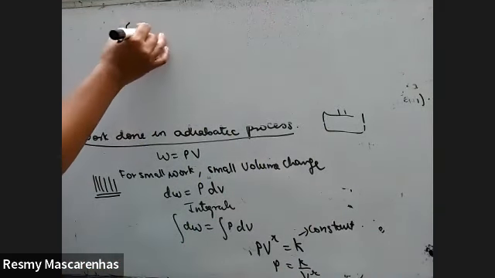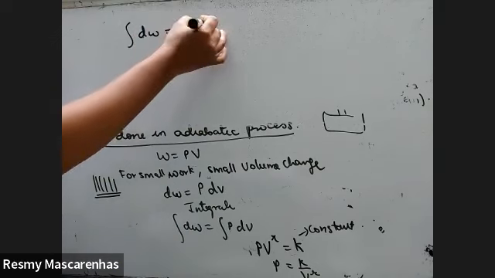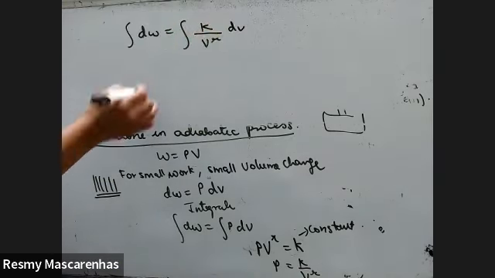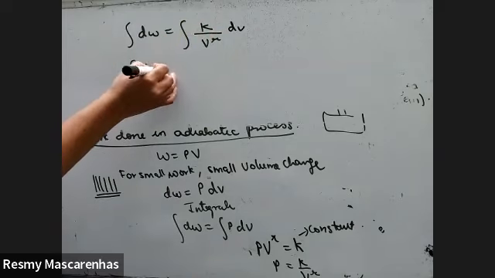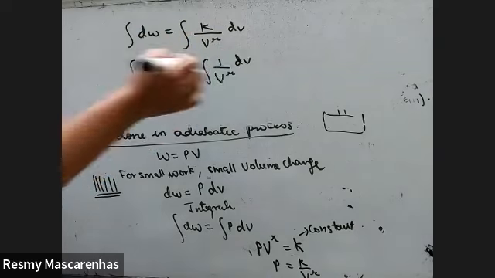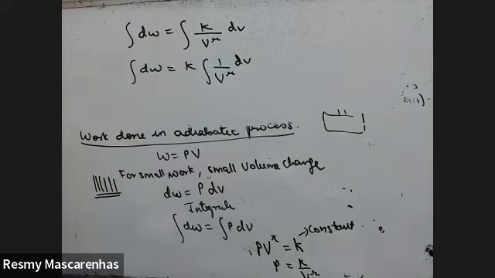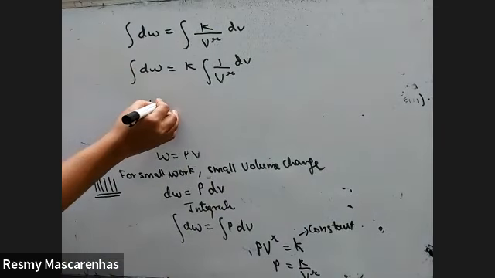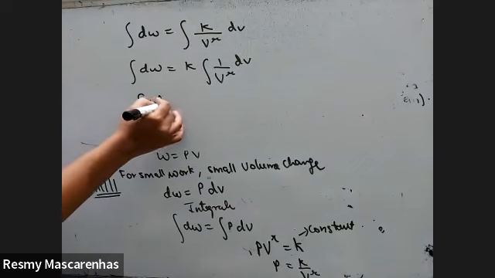Now this constant can always be removed out. This will be W, or before that, I'll just write dW.